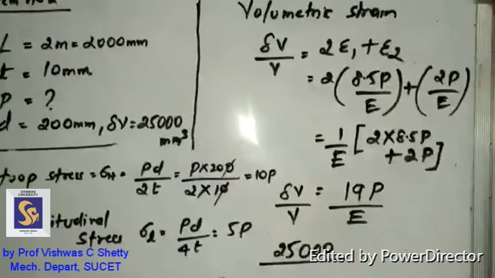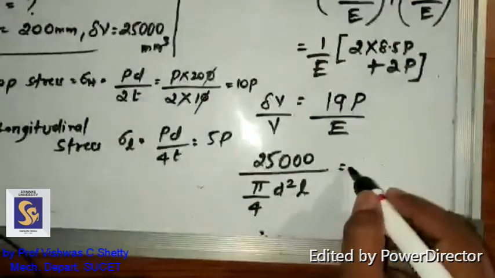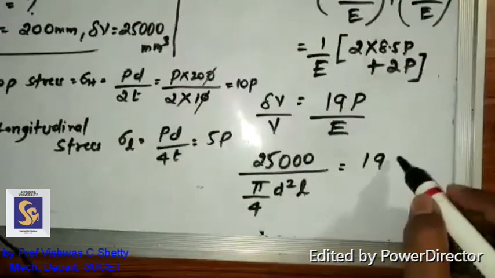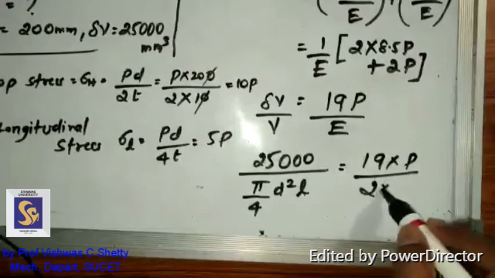What is volume? Volume of a cylinder, in the previous class we have written the formula: pi by 4 d square into L. That is the volume of a cylinder. So 25,000 upon pi by 4 d square into L, where L is 2000 mm, equals 19 into P upon 2 into 10 power 5.